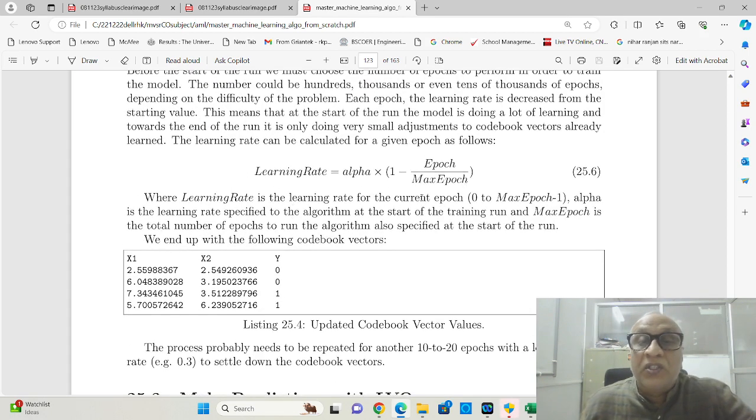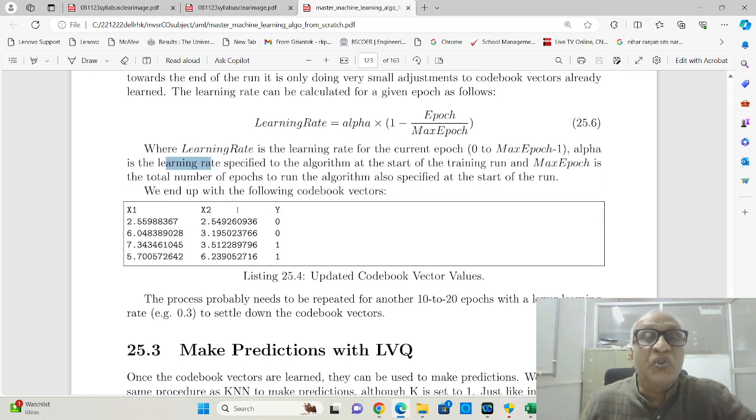This learning rate applies to the current epoch. I will be pre-specifying the number of epochs by max epoch, so the current epoch can be anything between 0 and max epoch minus 1. Alpha is the learning rate, and max epoch is the total number of epochs.